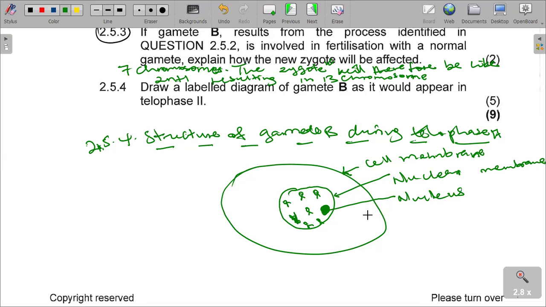Nucleus is given there. And then you need to understand what is represented here on top. It is representing the centromere.